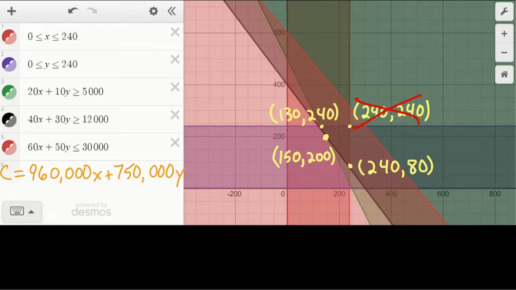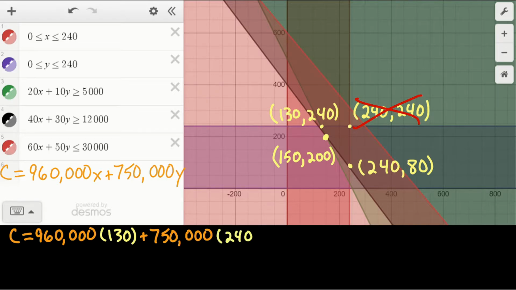So our costs, then, here, costs are going to equal 960,000 times, and I'm going to start with the 130, 240, 130, plus 750,000 times 240.